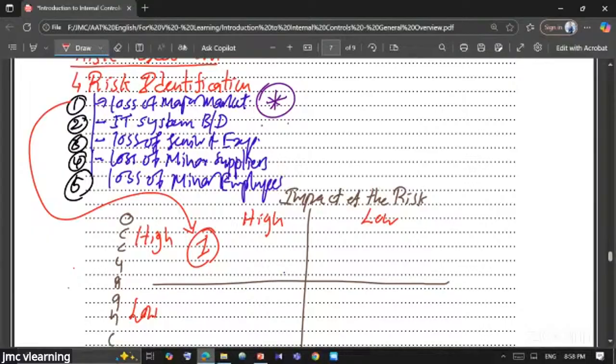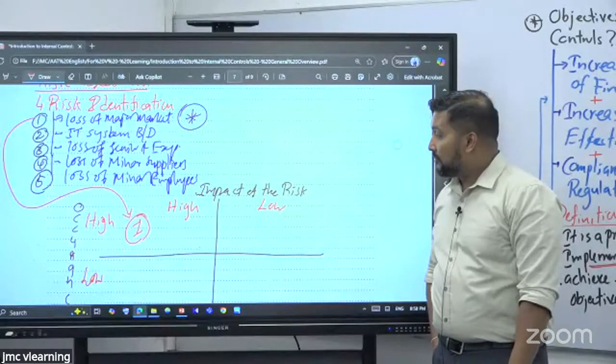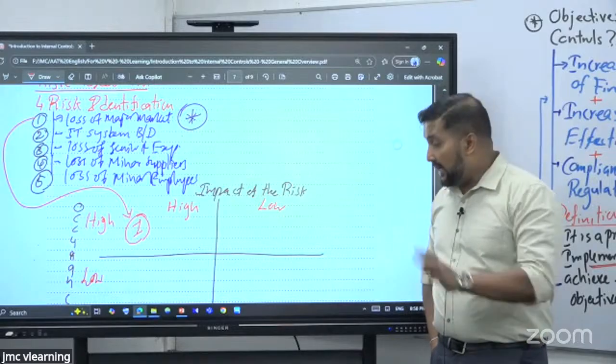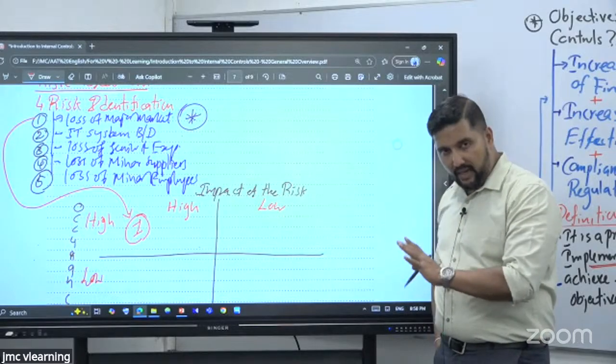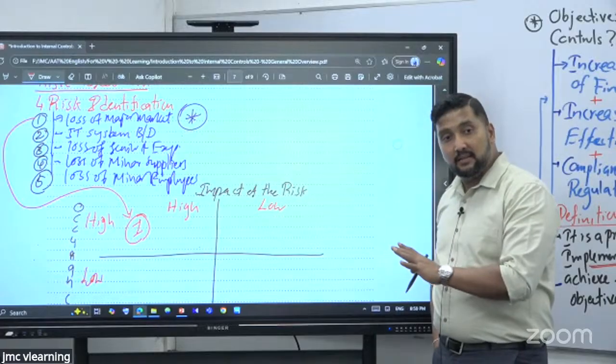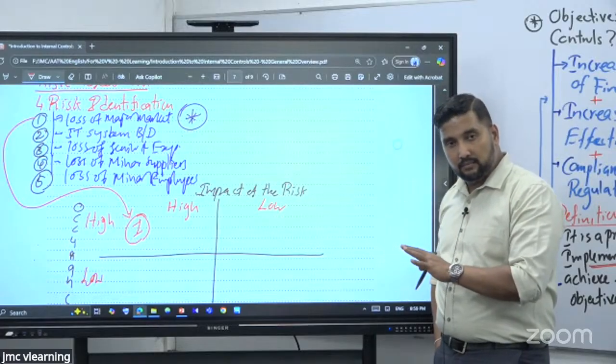Right. Then IT system breakdown. What do you think about the impact of the risk? High. The impact is high. Agreed. But the occurrence? That can be low.